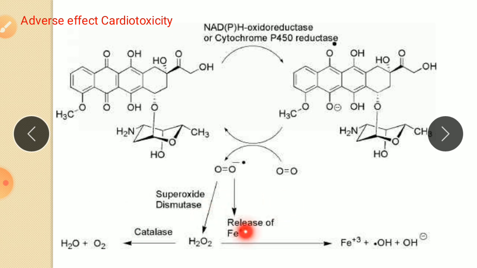But due to release of this Fe2 plus, this process is diverted to a harmful reaction, that is conversion of H2O2 into hydroxyl free radical. So Fe2 plus is responsible for formation of free radical, which is toxic to our body. So in the presence of Fe2 plus, this H2O2 is converted into free radical instead of water and oxygen.